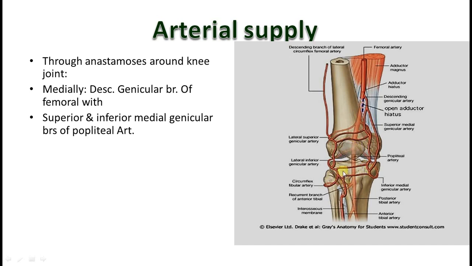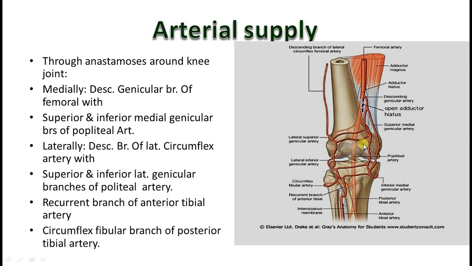They anastomose on the medial side with the descending genicular branch of the femoral artery, and with the anterior tibial arteries. Laterally they anastomose with the lateral circumflex artery and the circumflex fibular branch of the posterior tibial artery. So that is about the arterial anastomosis.